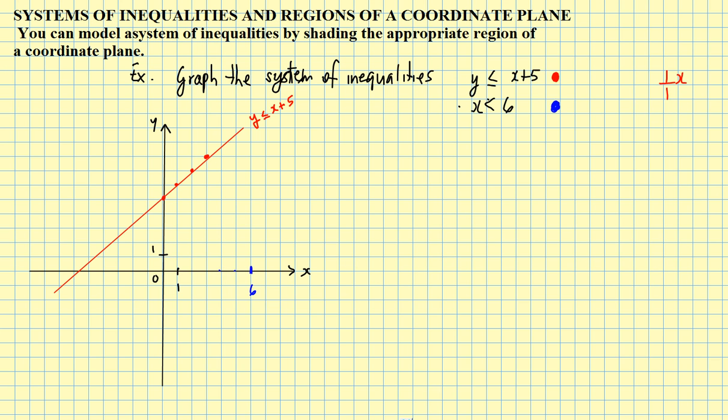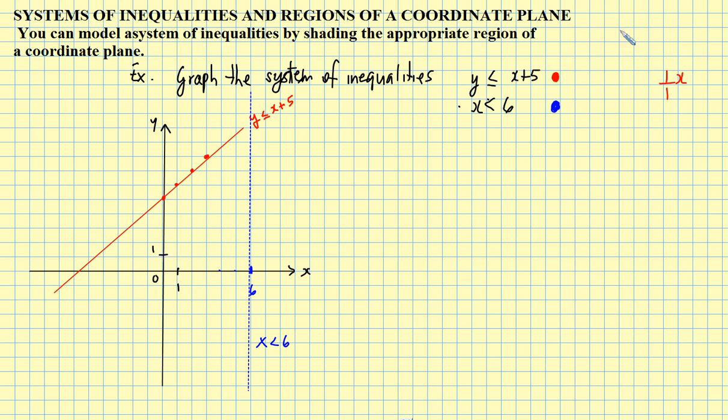There's my value of 6. And I'm going to make it a dotted line because it is less than, it's not less than or equal to. So there is my dotted line over there, and I will call that x is less than 6.